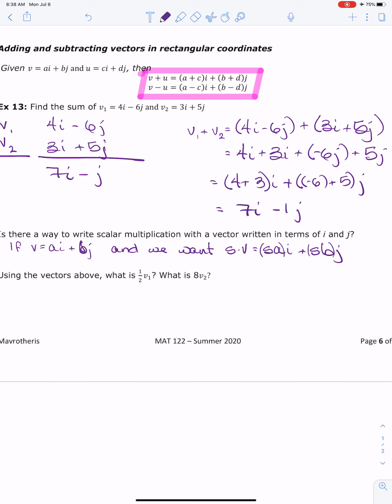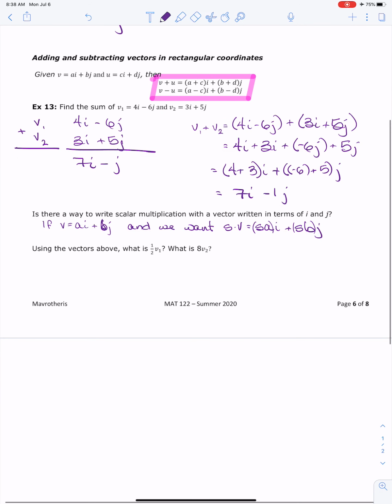So that scalar multiplier is going to multiply the multiplier on our unit vector.